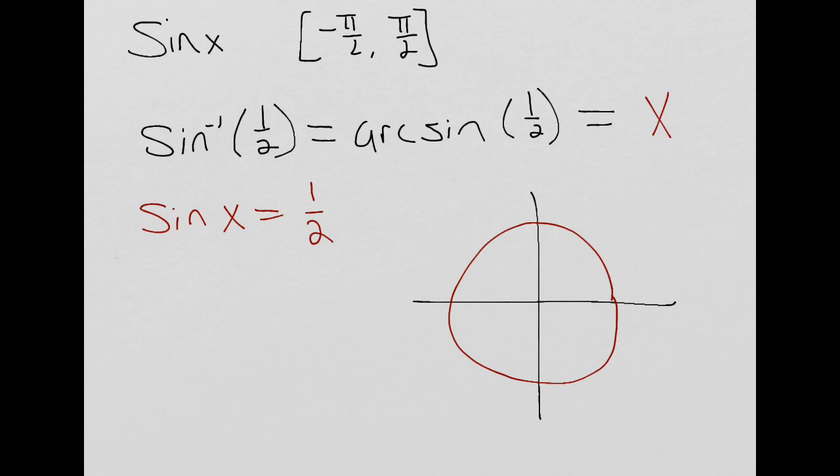It's measuring y coordinates. So if there's 1/2, it's really saying how far did I have to go to get to here? But it could also be saying how far did I have to go to get to here? We're going to get multiple results.